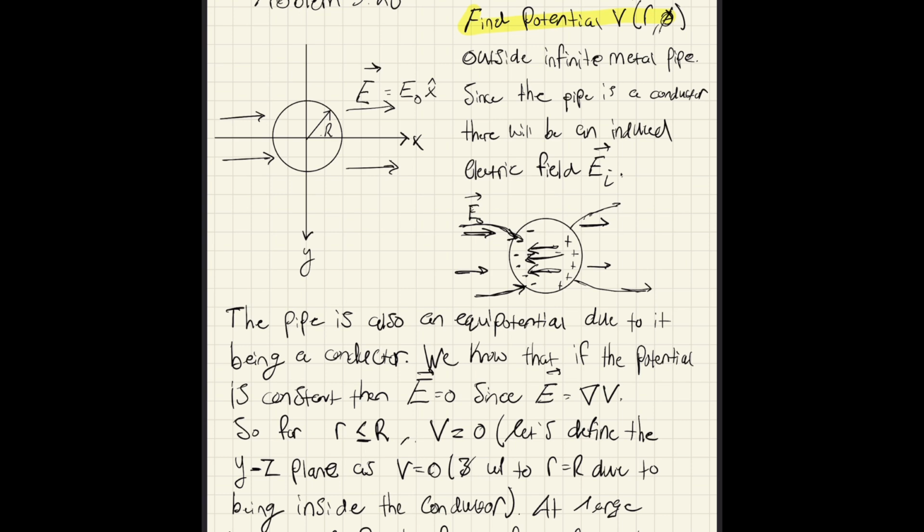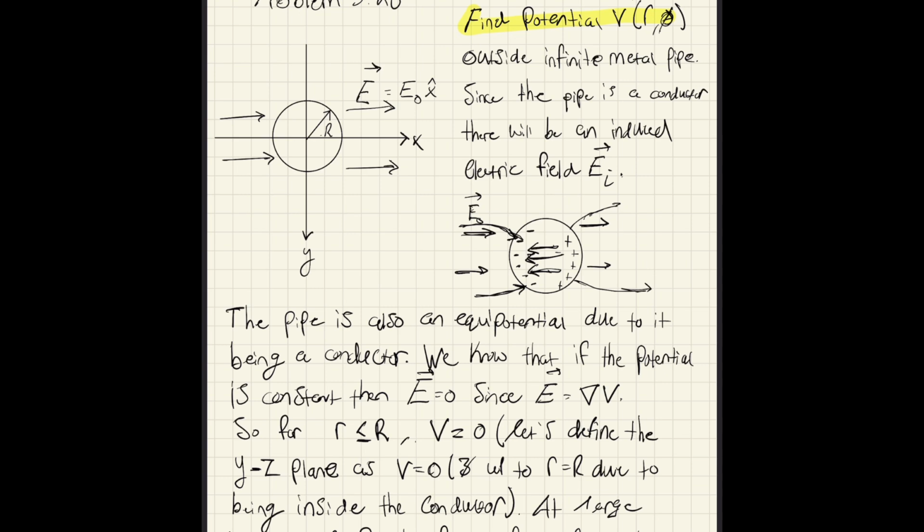So really there are two electric fields going on here, and the actual electric field outside of the pipe will, instead of being straight lines because of the external one, be curved. We don't know the exact shape. That's not our goal here, but you can picture that as the situation.